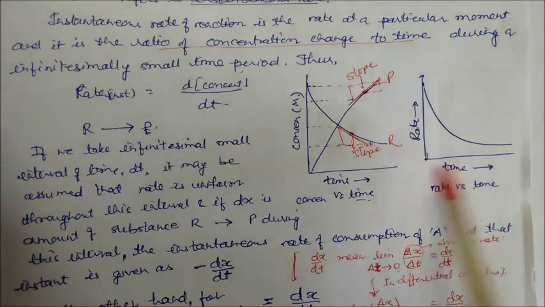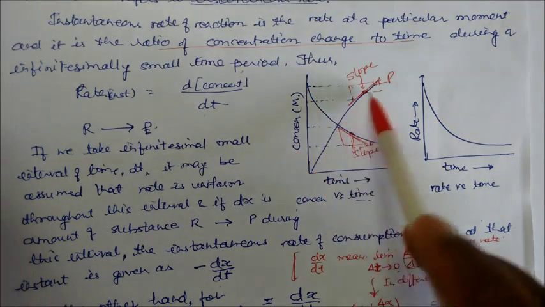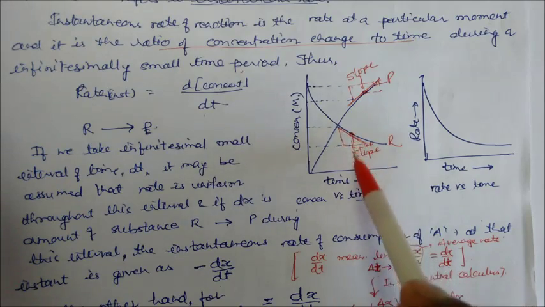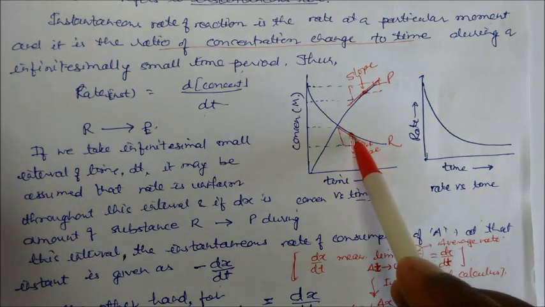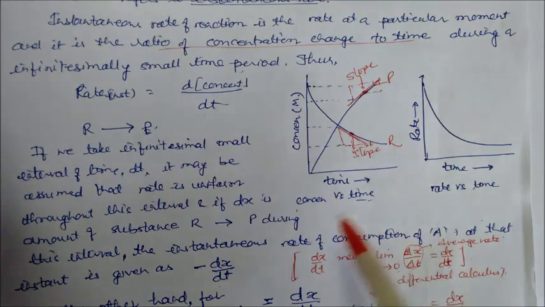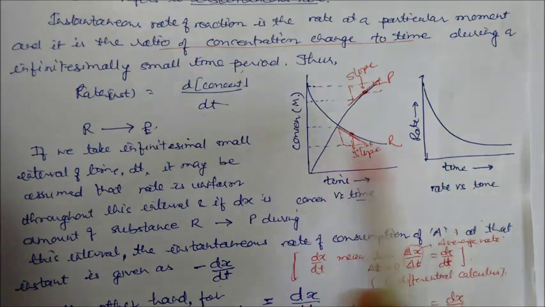Two graphs are there. This graph is concentration versus time. The reactant is decreasing, the product is increasing, and this dot point gives you the slope. The slope will tell you the instantaneous rate for the reactant, and this slope will tell you the instantaneous rate of the product. And again, this is rate versus time.